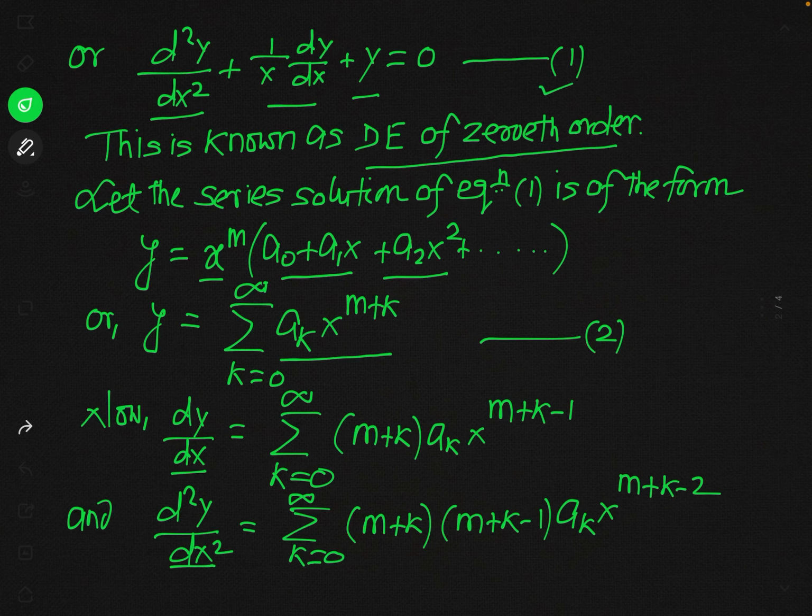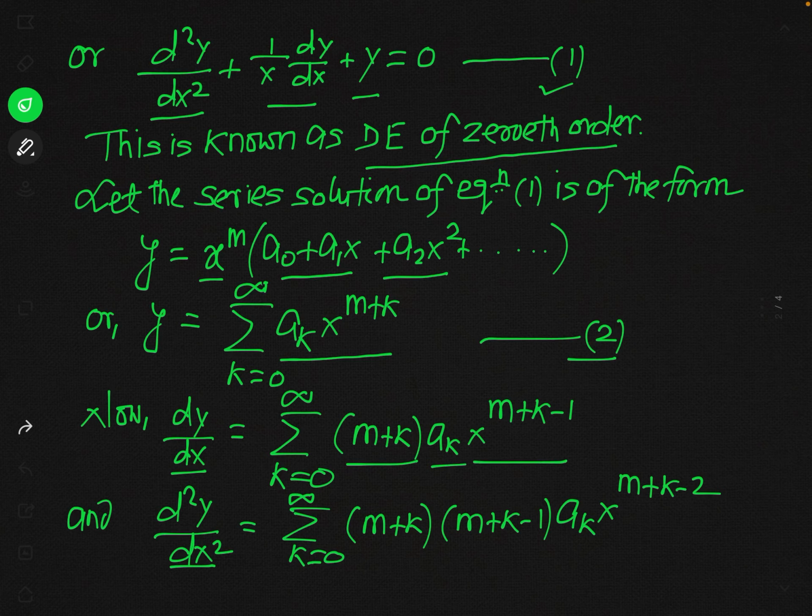As y is equal to summation over k from 0 to infinity of ak x to the power m plus k, as defined in equation 2, if we differentiate equation 2 with respect to x, we get dy/dx equal to summation over k from 0 to infinity of (m plus k) ak x to the power m plus k minus 1.